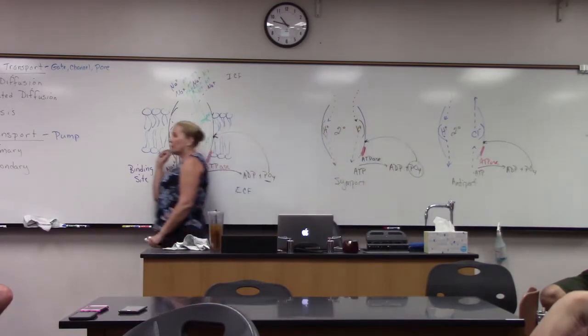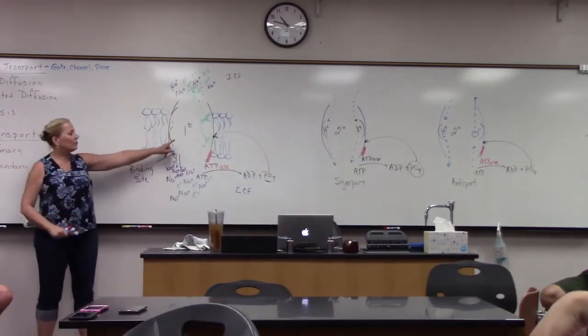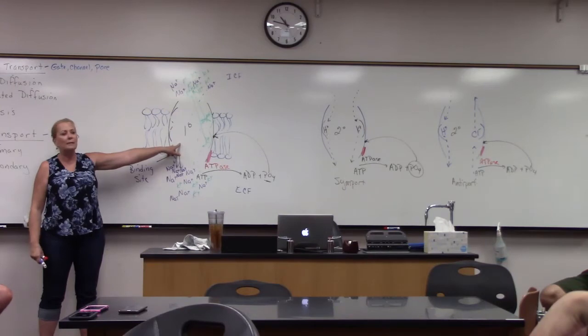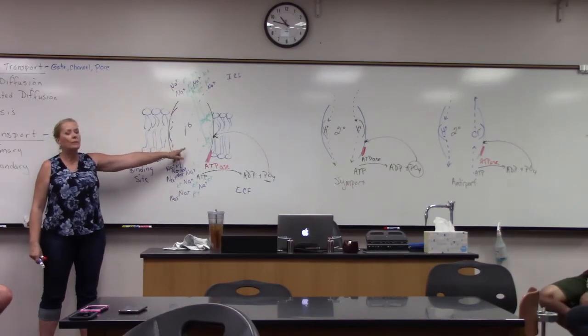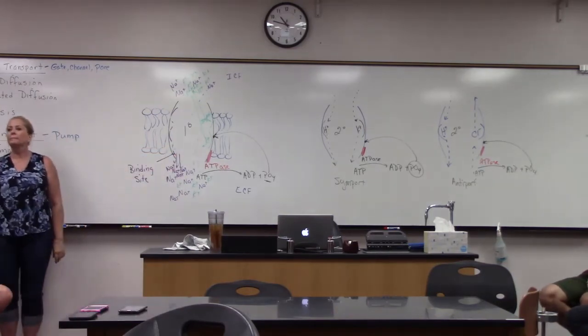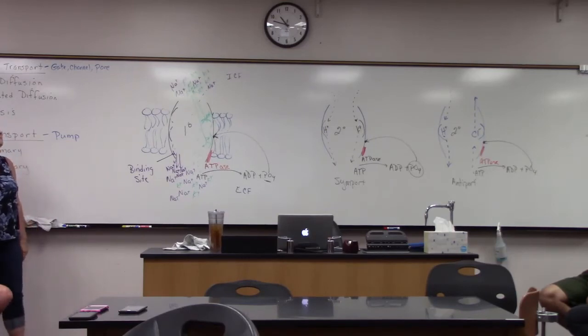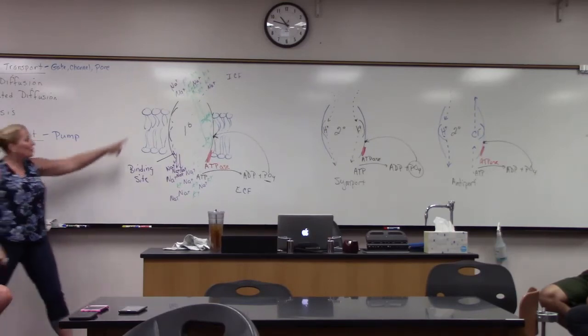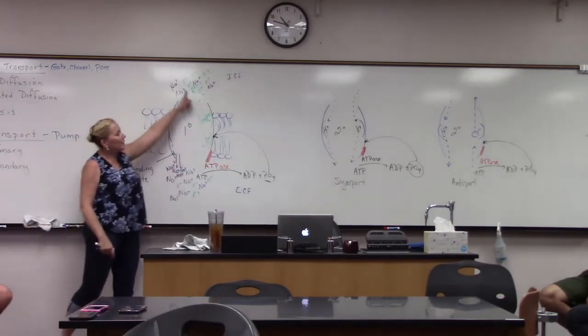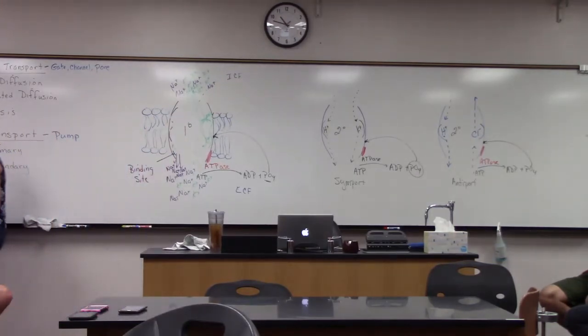So in our very first pump we talked about, the primary active transport pump with sodium and potassium, is this a symport or an antiport? Antiport. Sodium went in one direction, potassium went in the opposite, so it would be antiport. Even if they didn't go at the same time, we're just looking at what direction they went in.